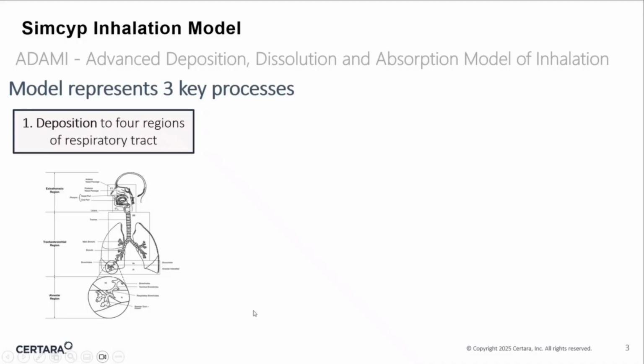So the ADAMI model represents 3 key processes. The first process is deposition, to 4 regions of the respiratory tract. There's the mouth, throat, or extrathoracic region, there are 2 airway regions, upper and lower, and then the alveolar region. The user can either enter values for the deposition in those regions, or there is a predictive model within Simcyp.